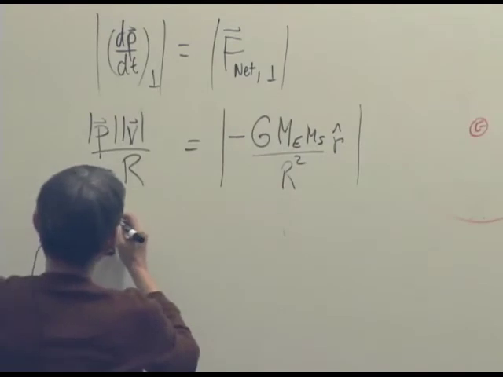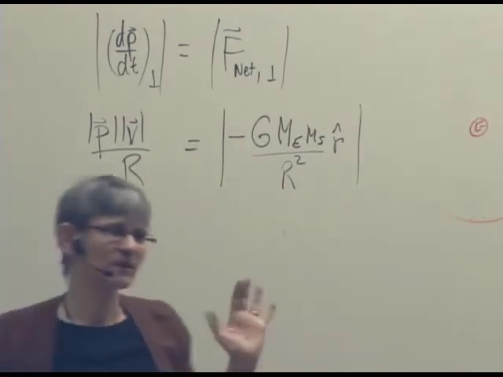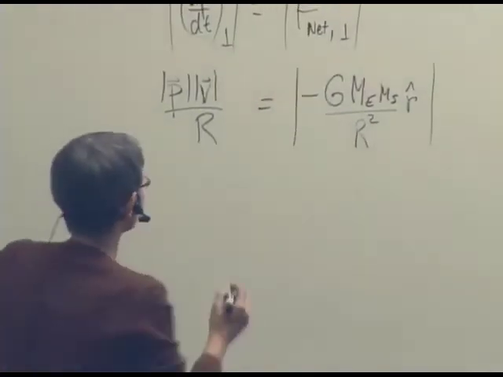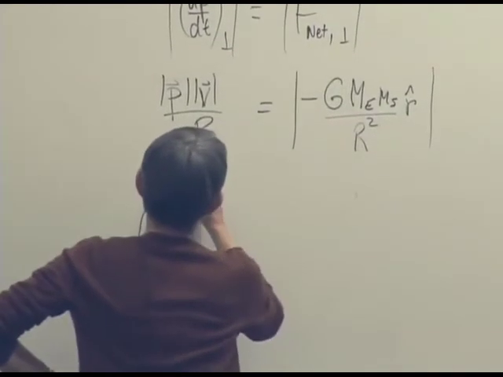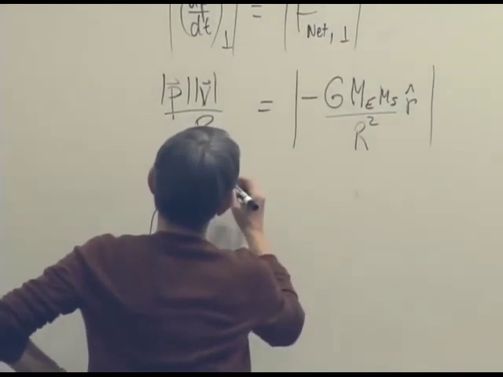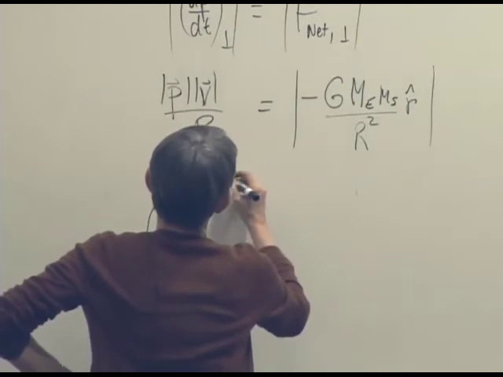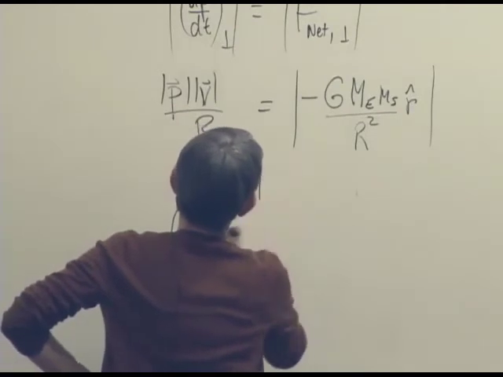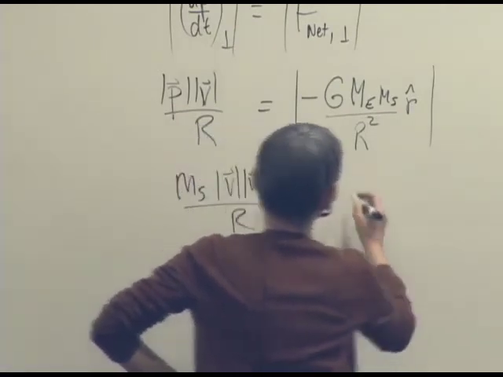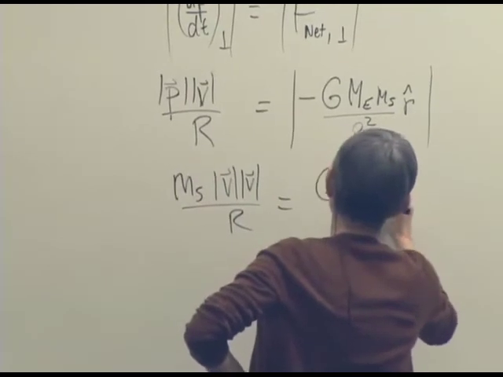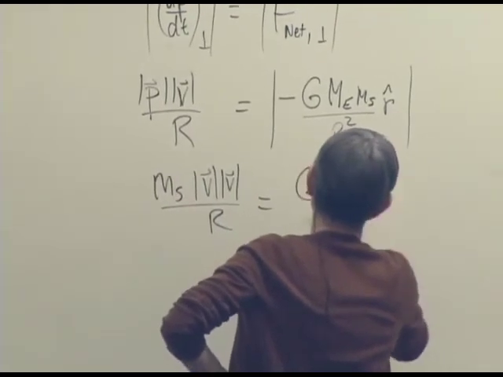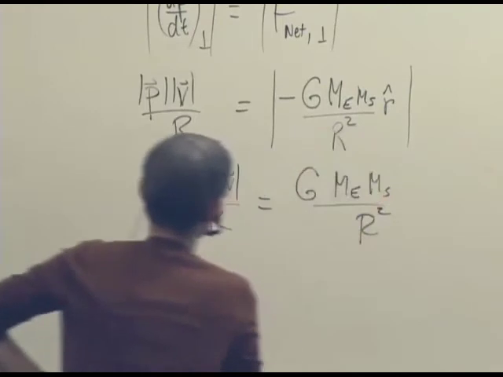And satellites are not going near the speed of light, so gamma is nearly 1. So we can say this is mass of the satellite times v squared over r is equal to G, mass of the Earth, mass of the satellite over r squared.